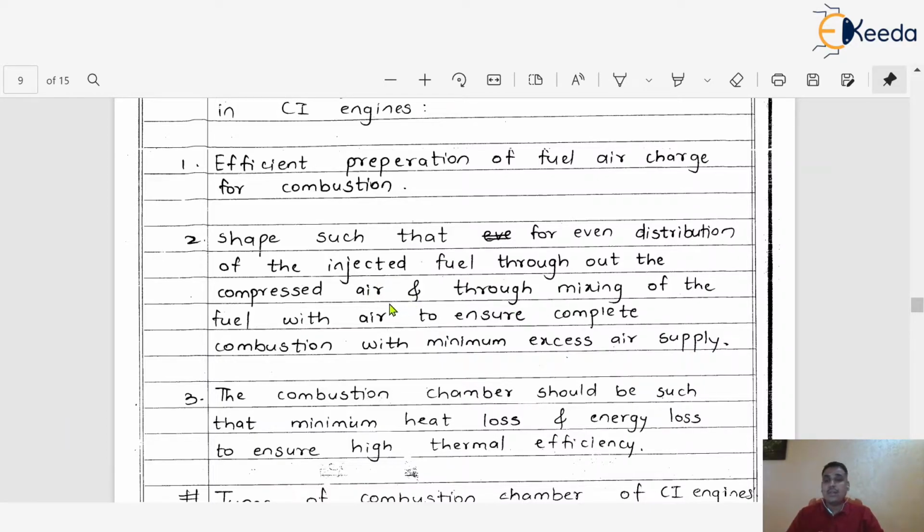Whenever the injection is done inside the engine cylinder, the shape is important for even distribution of the injected fuel throughout the compressed air and for mixing of the fuel with the air, to ensure complete combustion, and at that time minimum excess air supply is possible. So the shape is again very important in this particular combustion chamber design.